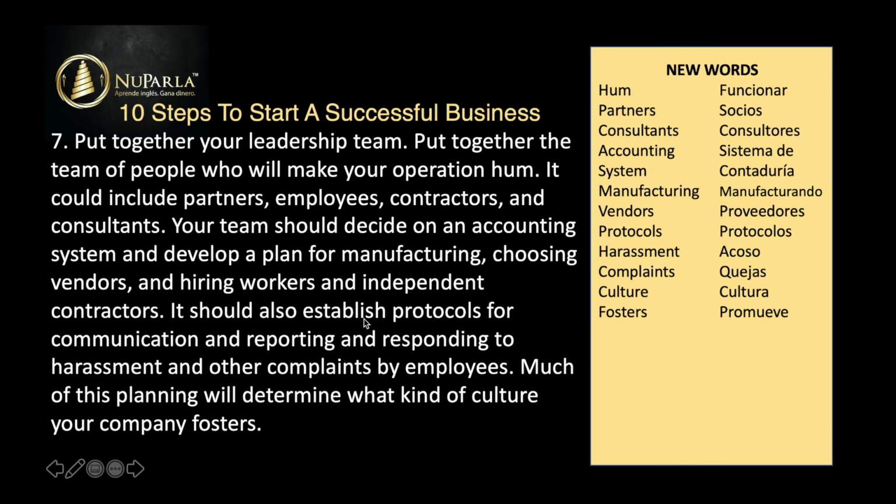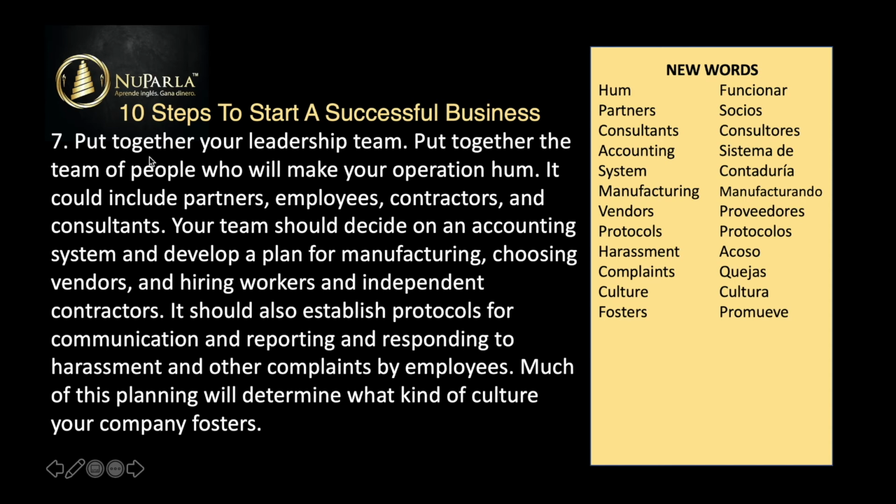It should also establish protocols for communication and reporting and responding to harassment and other complaints by employees. Much of this planning will determine what kind of culture your company fosters.